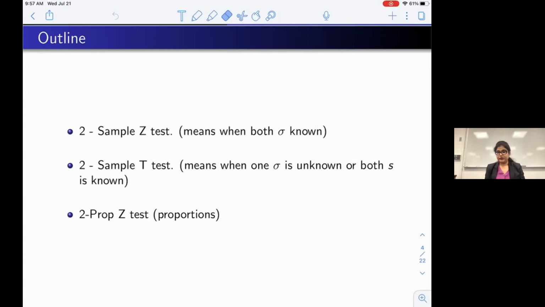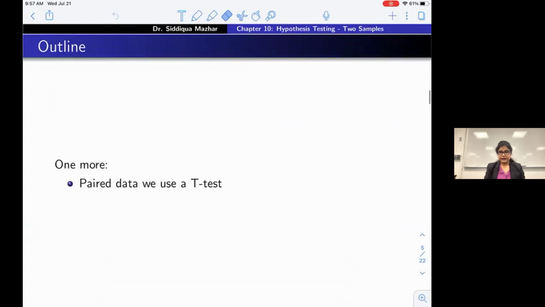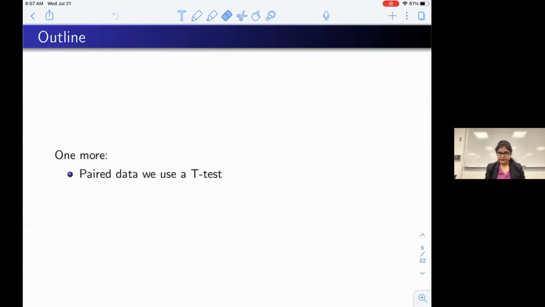And next, if we are looking at proportions, say 70% of people agree with this statement, or 80% of people agree in another group, then we will be looking at the two proportion z-test. Apart from this, we will be looking at another test called the paired data t-test.